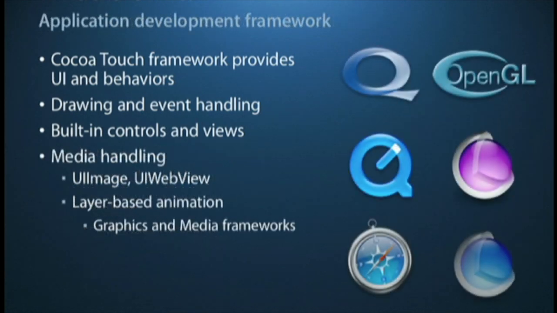As you might expect from Apple, our frameworks offer very rich media capabilities. UIKit provides an image view, which I mentioned earlier, a web view, an image picker, and makes it very easy to animate your UI. The Core Animation engine sits on top of the OpenGL ES pipeline for high-performance graphics. Besides OpenGL, there are a number of other media frameworks available, as well as a rich set of audio frameworks built on top of Core Audio.